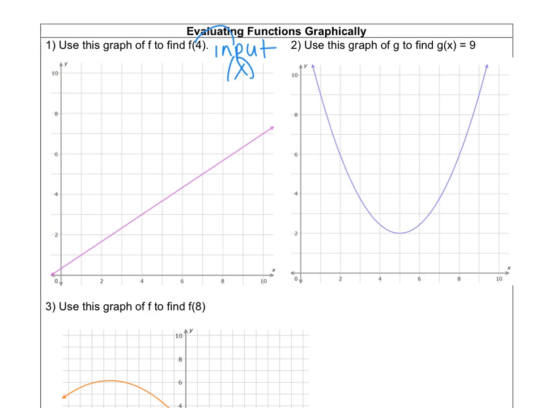So on this line, we need to go to when my x equals 4, which would be right here. Whenever x equals 4, what does the y value equal? That would be at 3. So this coordinate is 4, 3. So my y, or my f of x, would equal 3. Remember that y and f of x are the exact same.